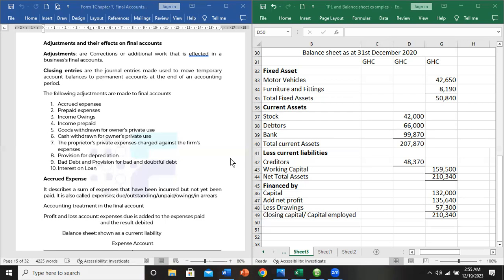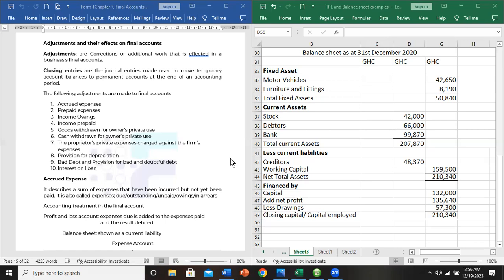So it can happen that at the end of the year, you forgot that you sold goods to Ancharaba who didn't pay. So you now remember and say, okay, I need to effect this in my account. So that's the essence of the adjustment. The adjustments are corrections or additional work you have to effect in your final account.